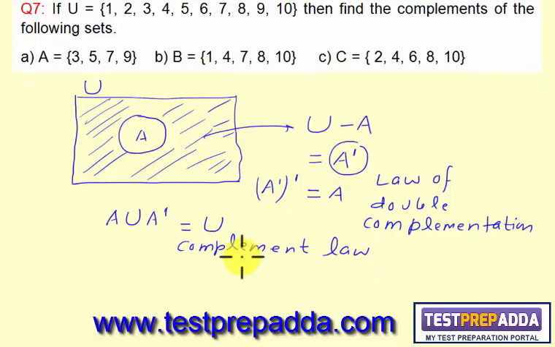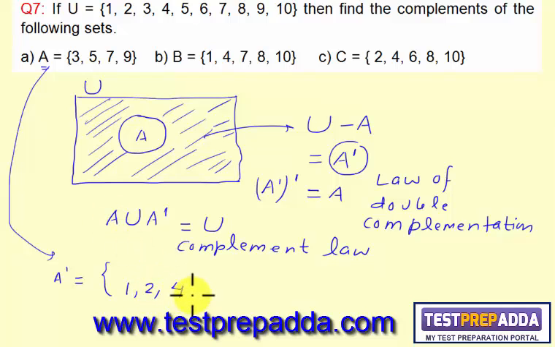Now back to the question. Set U is given. We have to find the complement of this set A. So I will write all the elements which are there in U but not in A. So what are those elements? 1, 2, 4, because 3 is there in A, then 6, then 8, and then 10.